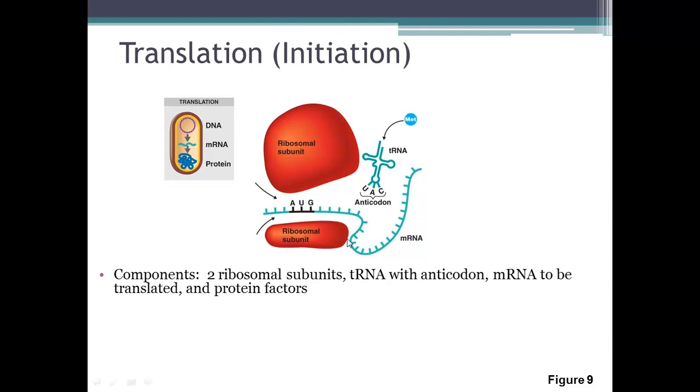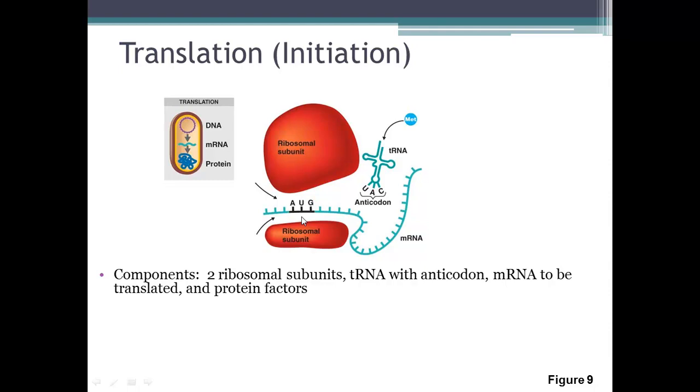2 ribosomal subunits. Remember we have a large and a small ribosomal subunit. We have our tRNA with the anticodon. Remember, we're always going to start with AUG. And the anticodon is complementary to the codon. So the anticodon will have UAC.